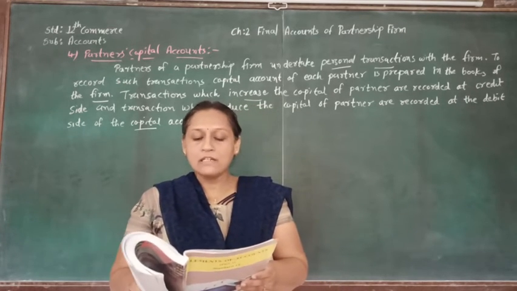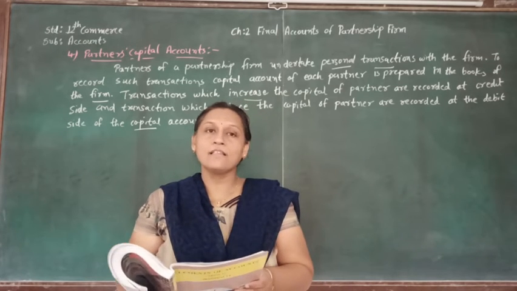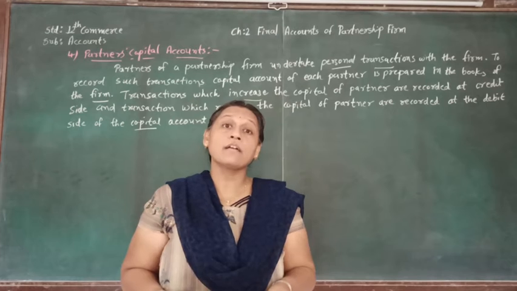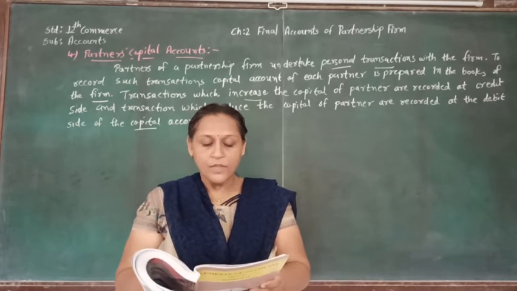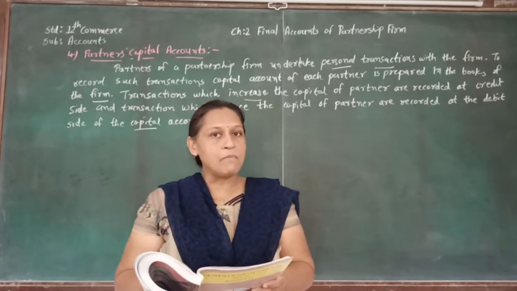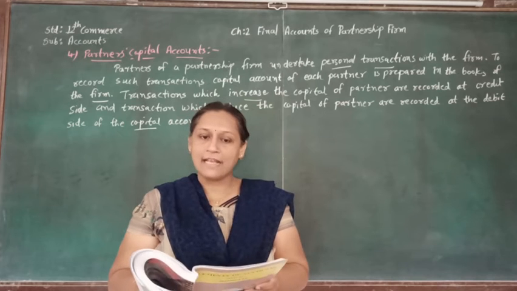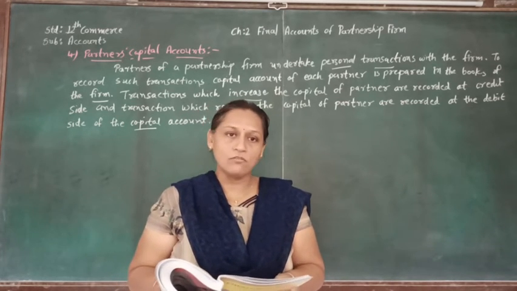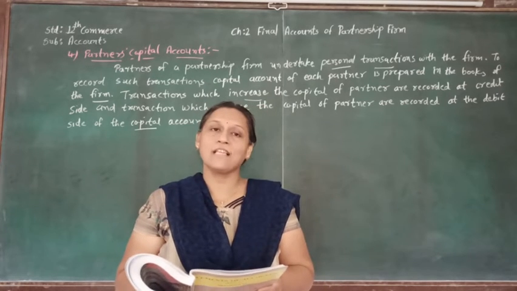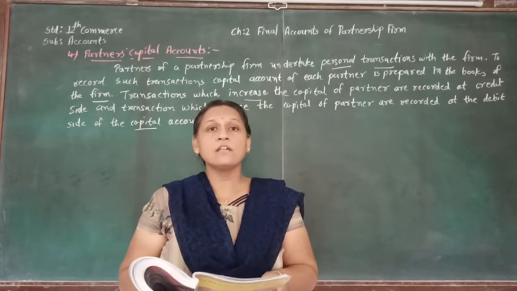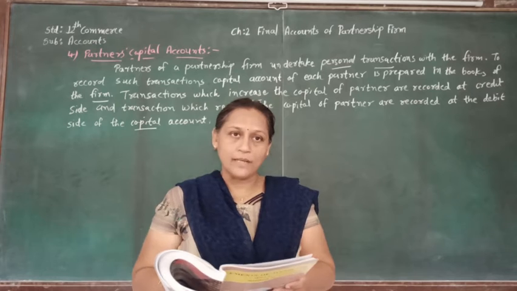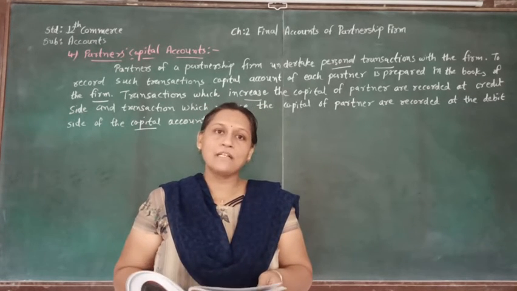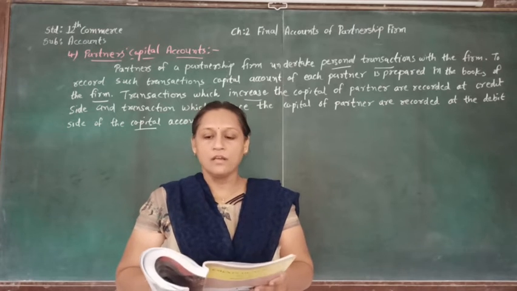And on the credit side, the opening balance of the capital account is written, and whatever capital is brought by a partner in cash, by bank, or as any other asset is supposed to be credited. This is how we find out the closing balance of the partner's capital account under the fixed capital account method. So this is the specimen of the partner's capital account under the fixed capital account method.